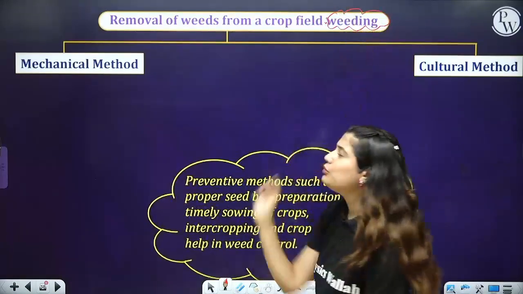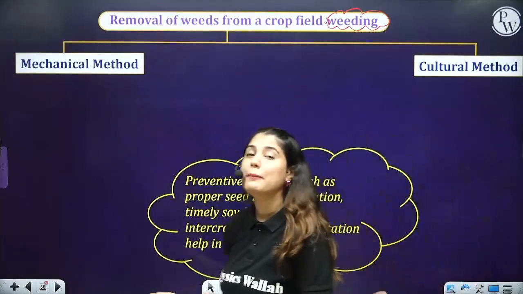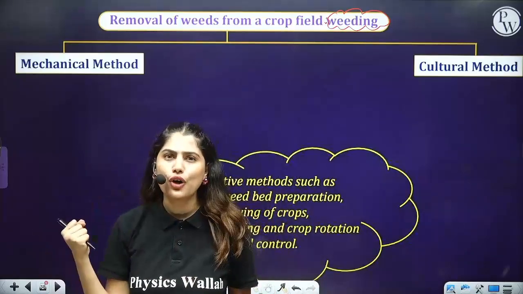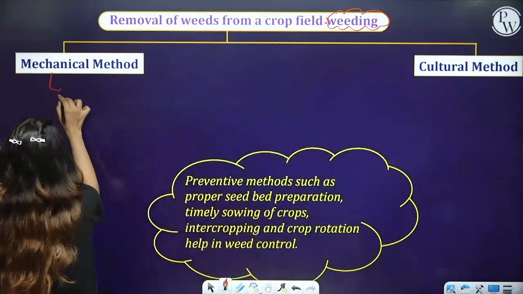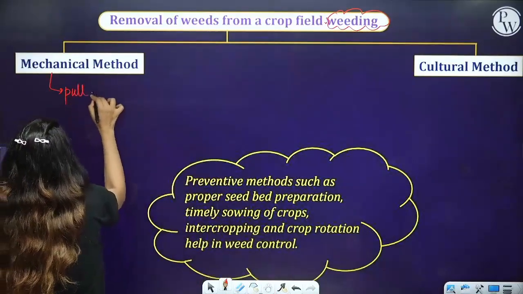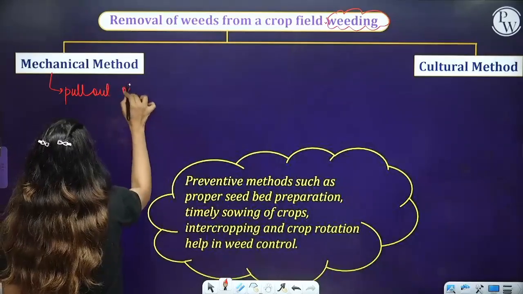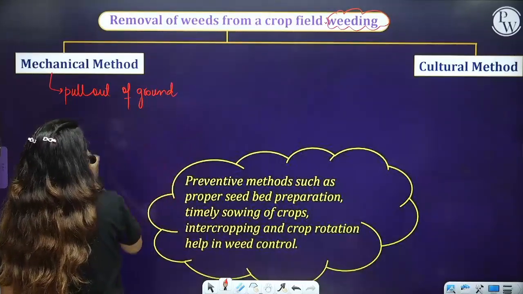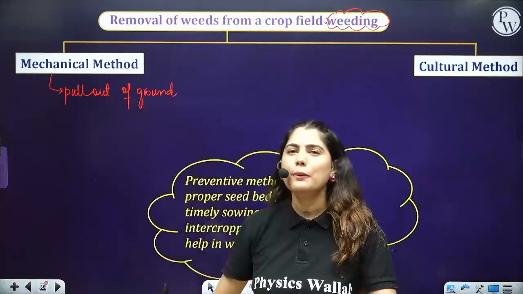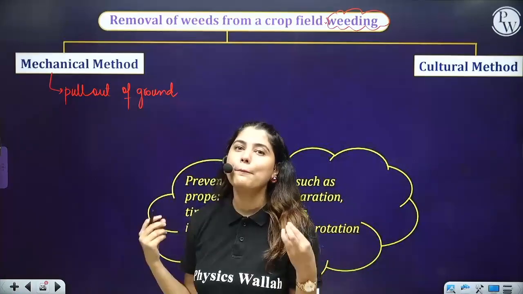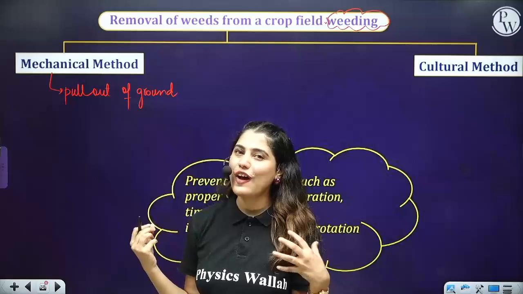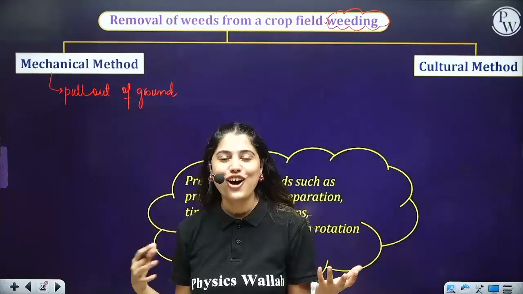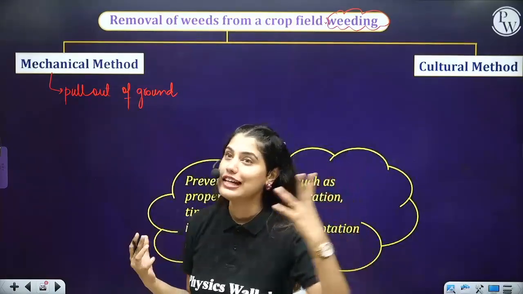How can you remove the weeds? Either you can remove them mechanically, maybe you can pull them out of the ground using your hands, right? Or maybe via the plow. Do you remember you studied this in class 8? If not, get a recap of that.